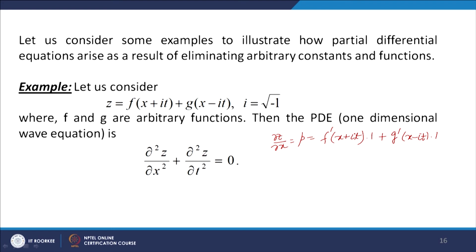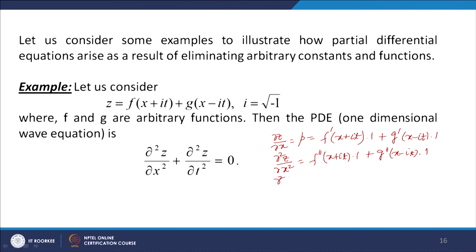Now, we can take one more derivative with respect to x. So, the second derivative with respect to x will be equal to f double prime (x plus it) into 1, and here we will get g double prime (x minus it) into 1, because when we differentiate v with respect to x, we get 1.